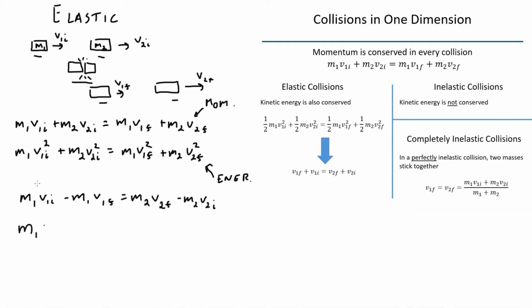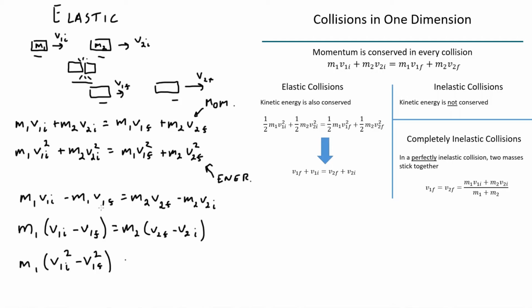So I get M1 times V1 initial minus V1 final equals M2 times V2 final minus V2 initial. I can do the same thing with my energy equation, and I get an equation that looks like this. M1 times V1 initial squared minus V1 final squared equals M2 times V2 final squared minus V2 initial squared.